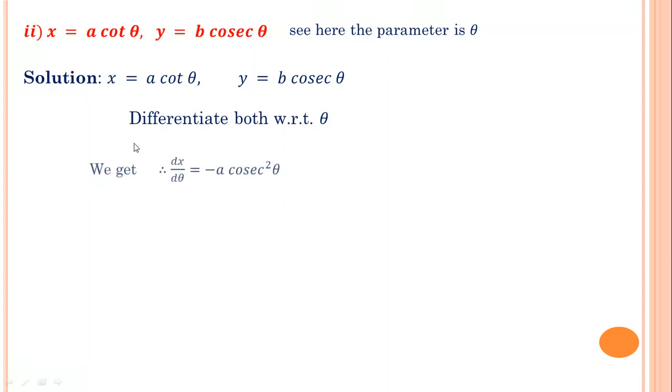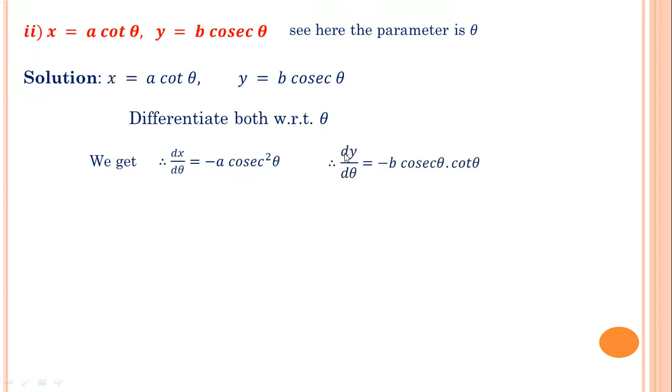The derivative of x with respect to theta: we know that the derivative of cot theta is minus cosec square theta, hence we can write minus a cosec square theta. Similarly, the derivative of y with respect to theta: the derivative of cosec theta is minus cosec theta into cot theta, so b is constant, and we write minus b cosec theta into cot theta. See the derivatives carefully.